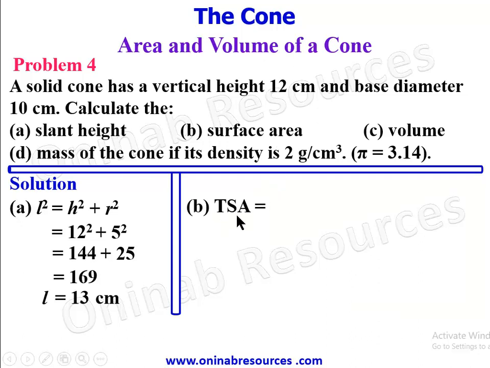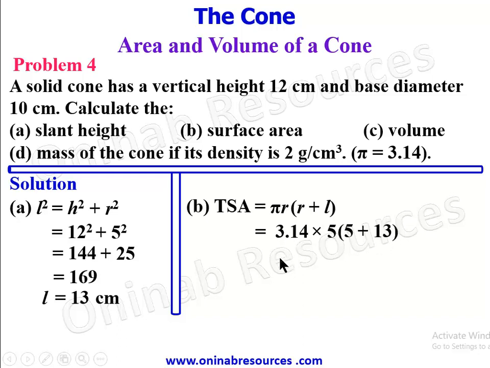And we now go to the B part of the question, that is the surface area. The surface area is going to be the total surface area. We already have it as pi r into r plus l. We are going to substitute in the values of pi, r, and l. So that's 3.14 times 5 into 5 plus 13.